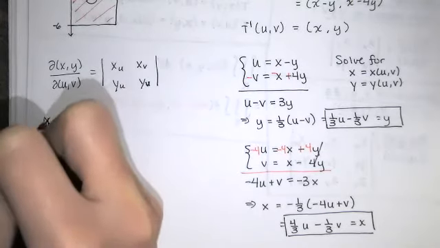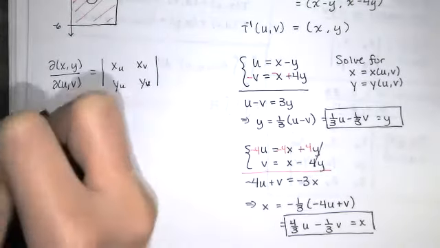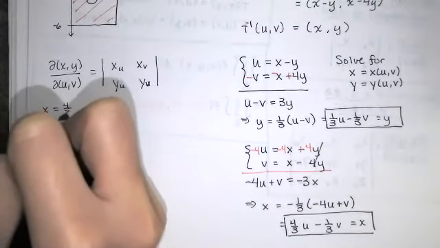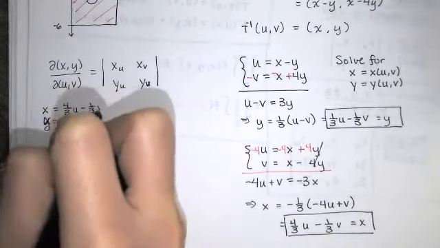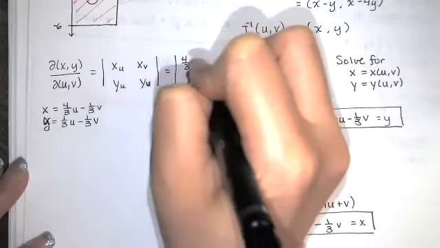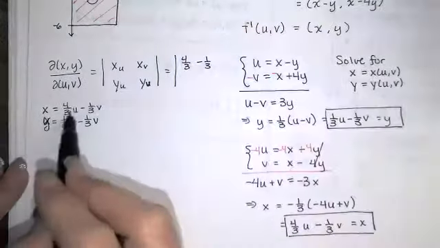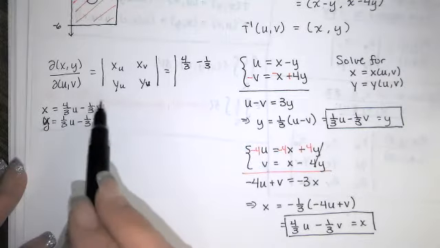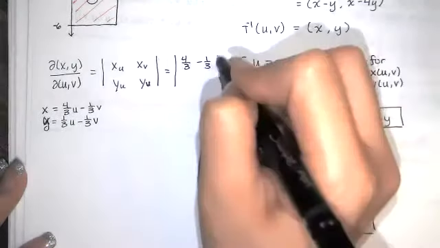So this is y. Y is 1/3 u minus 1/3 v, and x is 4/3 u minus 1/3 v. So the Jacobian here would be 4/3 and negative 1/3, negative 1/3. It's the partial with respect to u for x and the partial with respect to v for x.